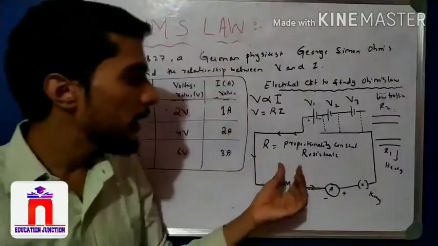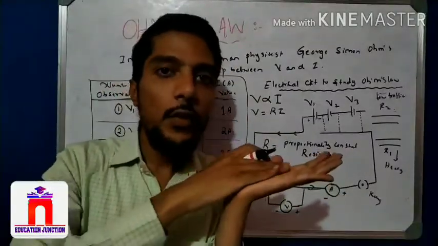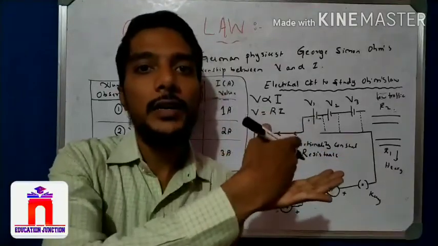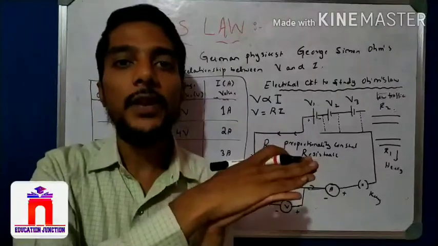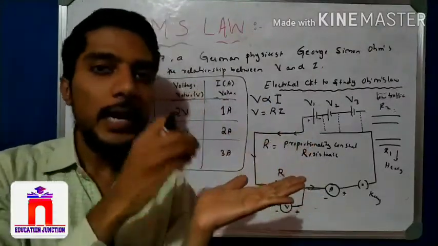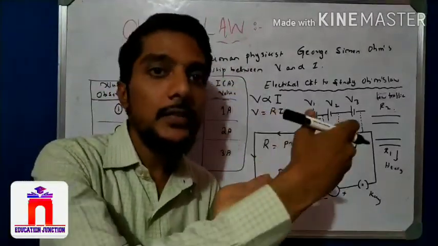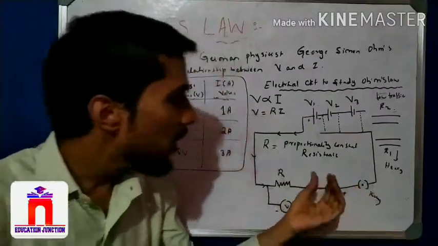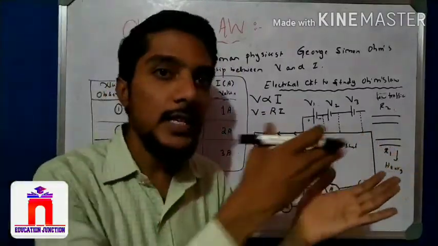That is the simple idea of resistance. In a conductor, whenever current is flowing, there is an opposition force for the current, and it is constant for a given wire. For copper it is different, for silver it is different, and for iron it is different. Whenever current flows in the circuit or conductor, the current feels an opposition force, and that is called resistance.